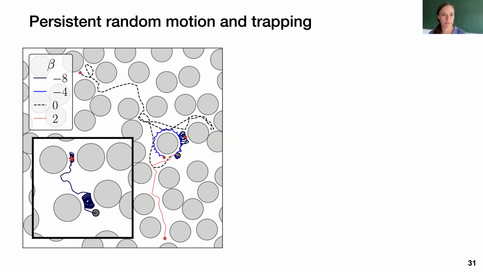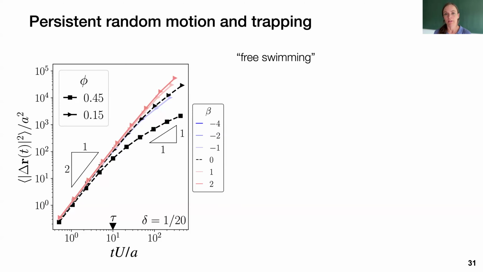And so just to highlight a few features, some of those squirmers can swim freely for a long time. In that case, if we measure the mean square displacements of them, we do see a transition to a diffusive type of dynamics, and that is just generated by the disorder of the medium, because the dynamics themselves are actually deterministic.